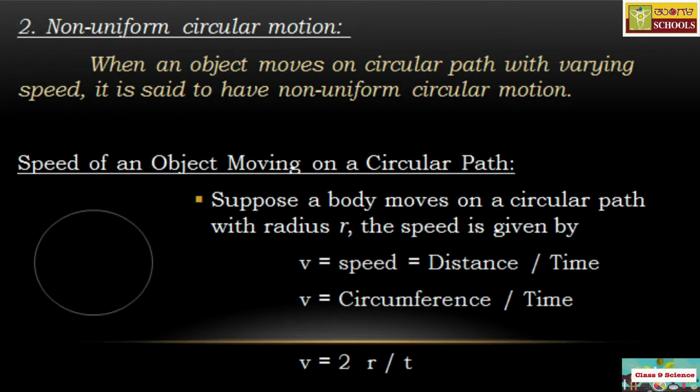And we have one more definition, that is non-uniform circular motion. This definition is very simple because it depends on uniform circular motion.